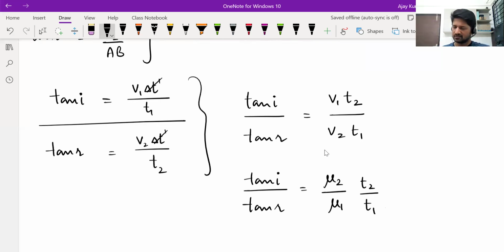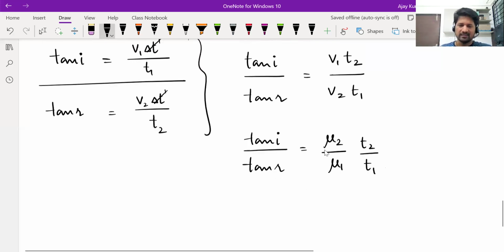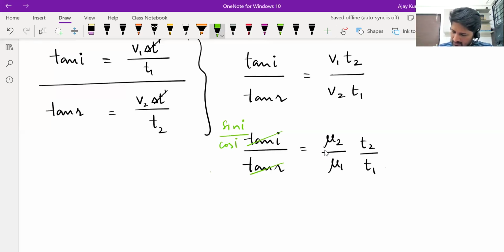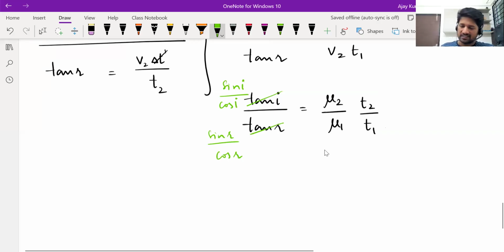This is also a relation, but tan I is nothing but sin I divided by cos I, and tan R is sin R divided by cos R. So effectively, send the mu1 this side, it becomes mu1 sin I, and mu2 sin R, they'll get cancelled.